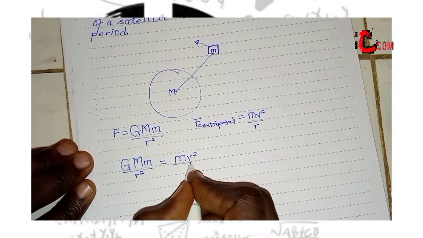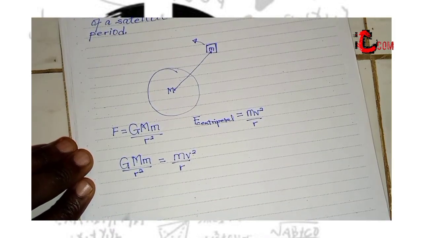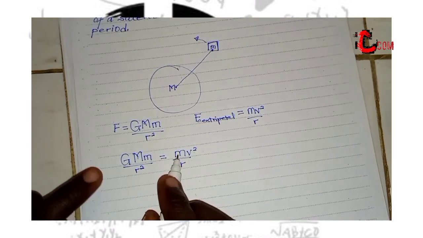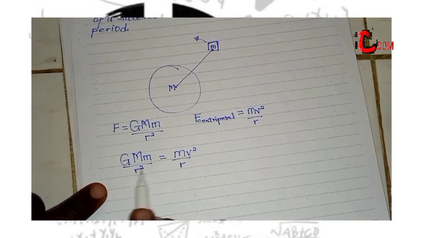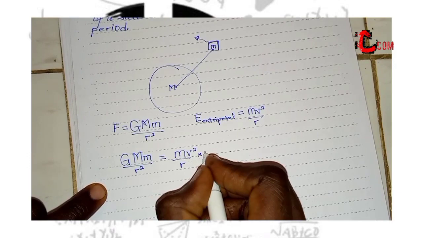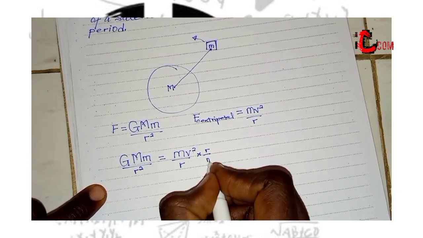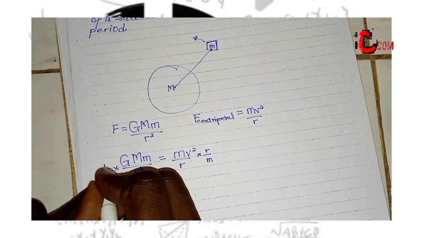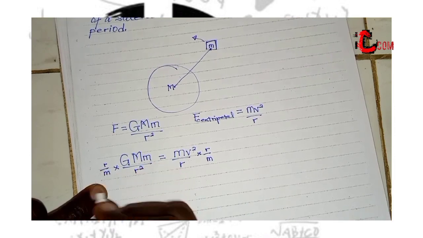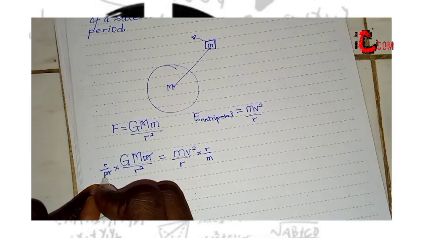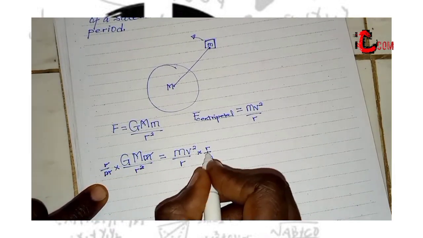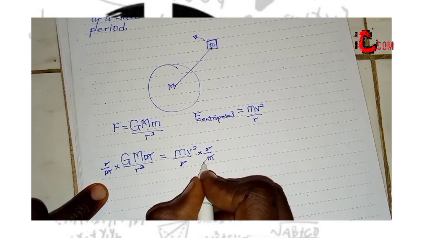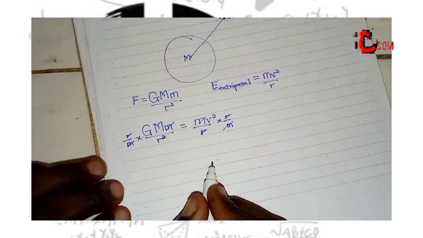squared all over r. So one thing we can do is, we have m on both numerators and r on both denominators. So we can multiply each side by r over m, so that the m will reduce and the r will also cancel.